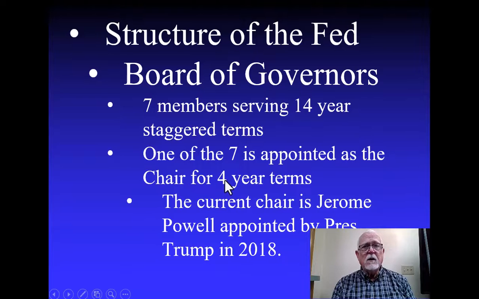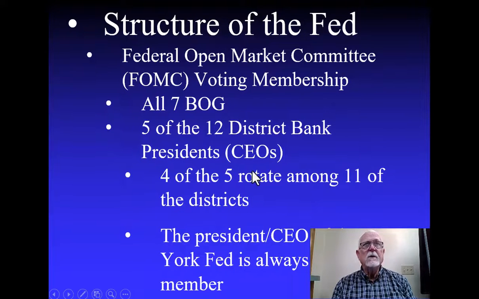Technically, if one were appointed and at the end of the 4 years the president and Senate, I'll say more about how that happens, didn't want that chair, that chair could stay on as just one of the members. Typically, that doesn't happen. The current chair is Jerome Powell. He was appointed by President Trump in 2018.